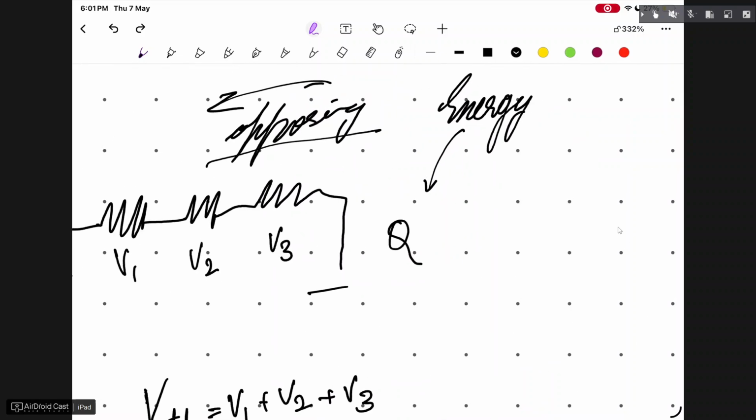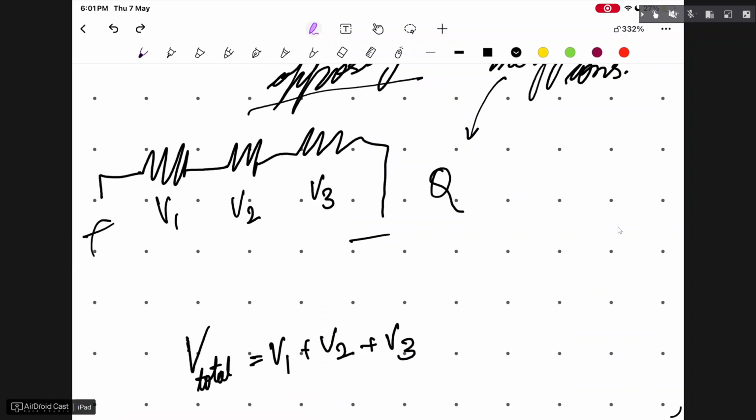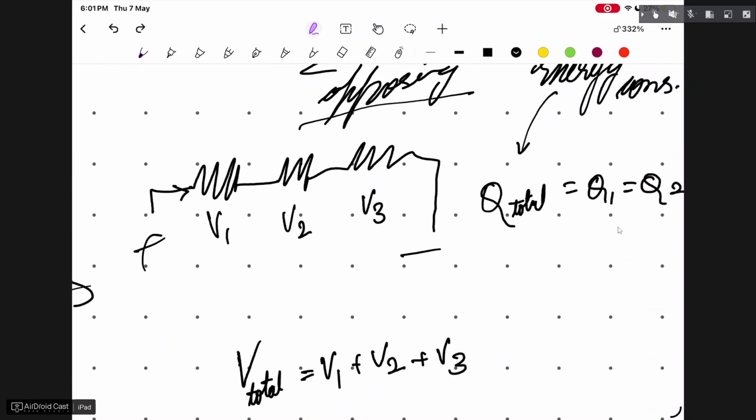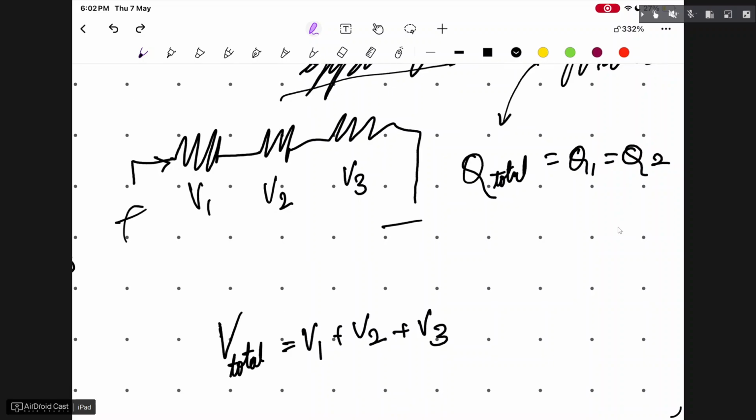Now the total Q equals Q1, because this is the only place where it goes through, then it will be equal to Q2. You see, there is only one path, so the current at any point will be the same. This V will get added.